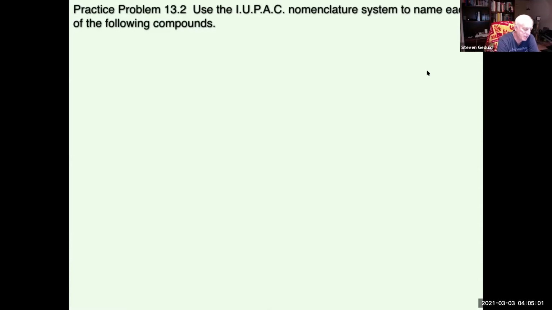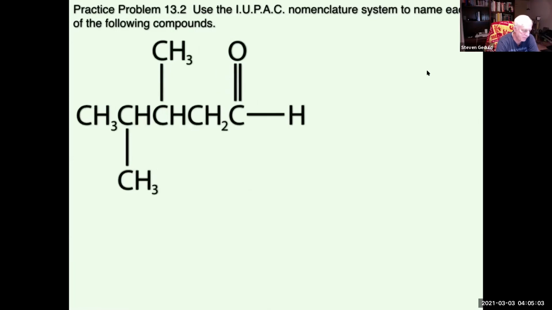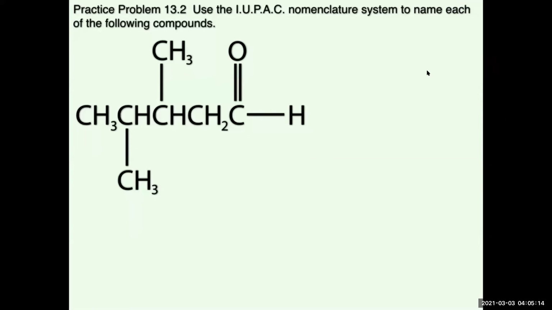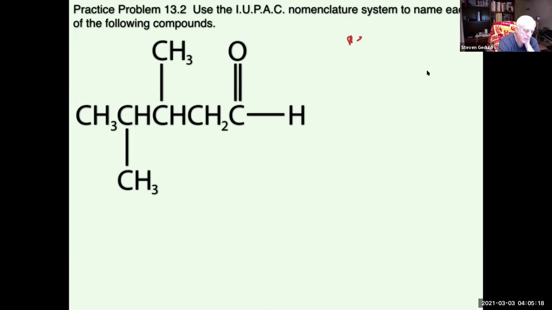IUPAC nomenclature, name each of the following compounds. So again, what's your longest carbon chain? How many? 5. Perfect. And 5 is pentane. So we got 1, 2, 3, 4, 5. What attachments do we have to this chain?